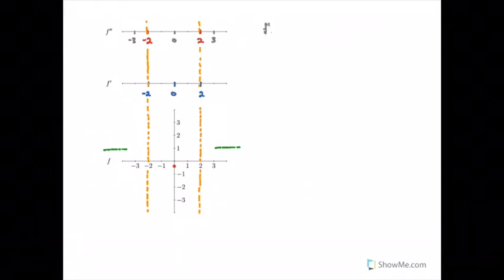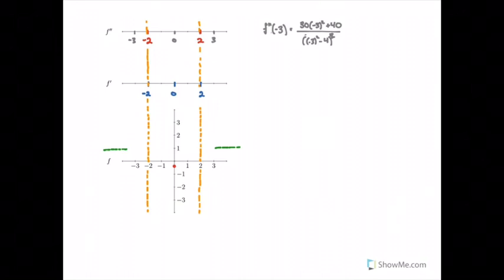So I'm going to look at f double prime of negative 3. That's going to give me 30 times negative 3 squared plus 40, all over negative 3 squared minus 4 cubed.